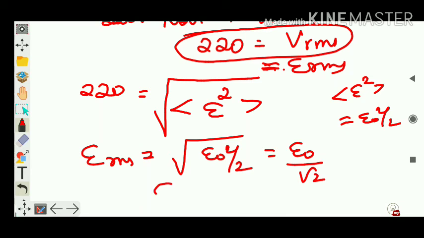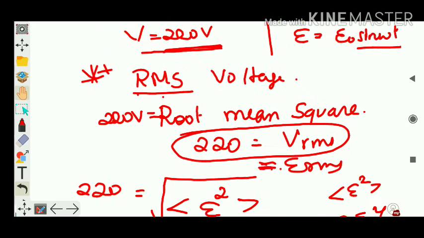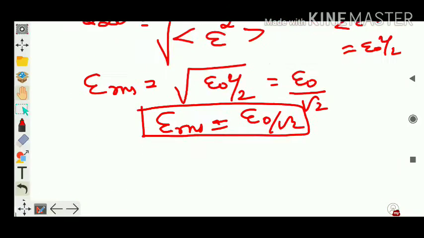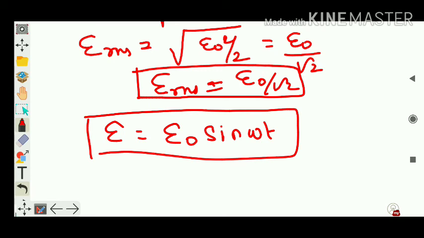That is, RMS voltage is equal to E naught by root 2, where E naught is from the previous equation, which you write as E is equal to E naught sine omega t. That is how you write the voltage equation. Here this E naught is known as the peak voltage.